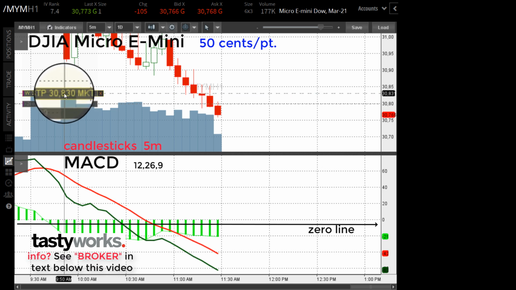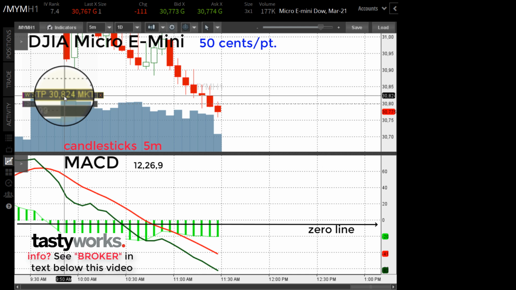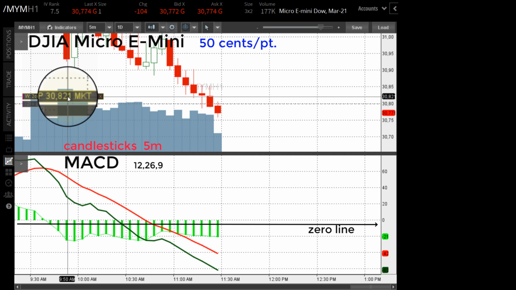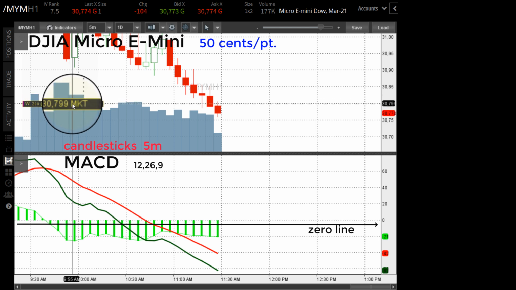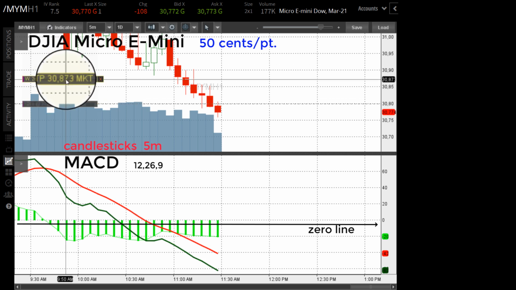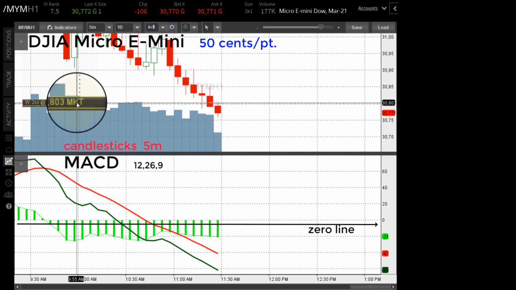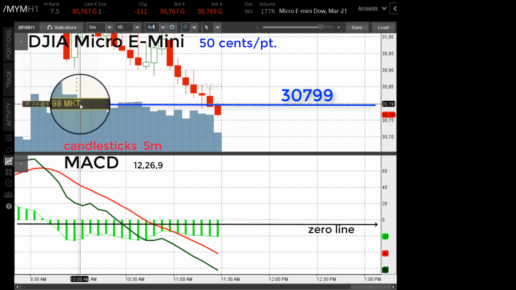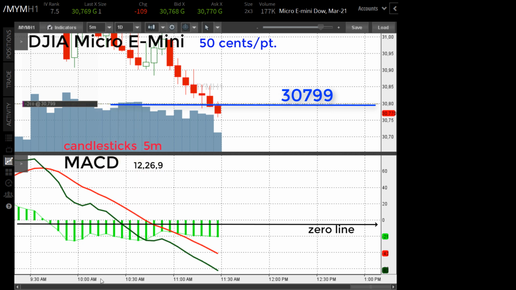What I decided to do was move that down to break even, because the market's trading down at 30,774, and I'm perfectly comfortable putting the stop at about the same place where I went short. And that means at 30,799, where the stop is the same price I entered. So now I've reduced the trade to zero loss here by moving that stop.